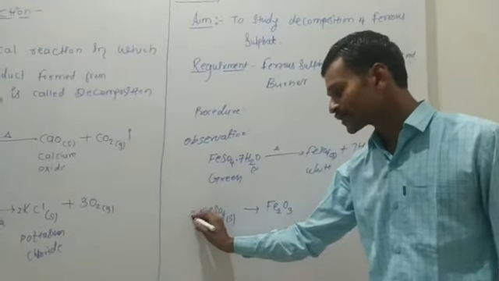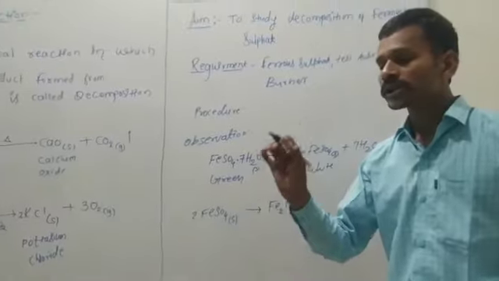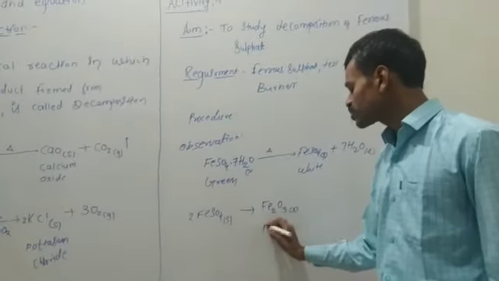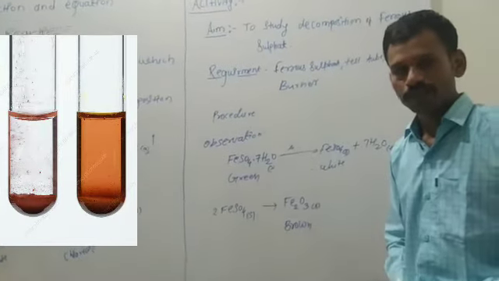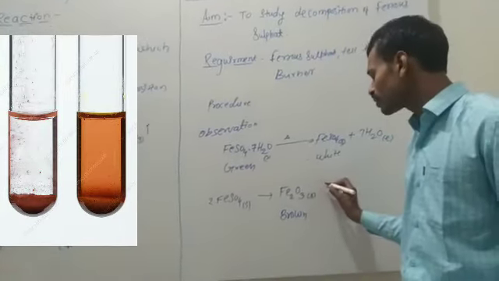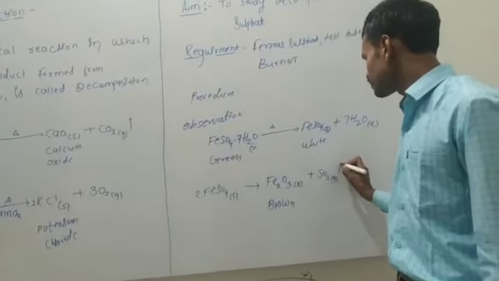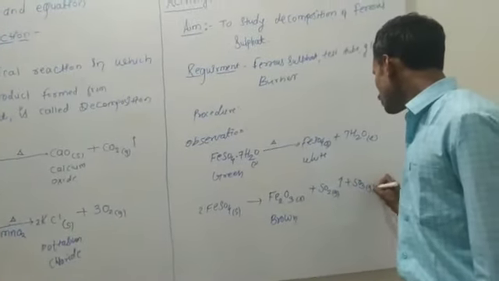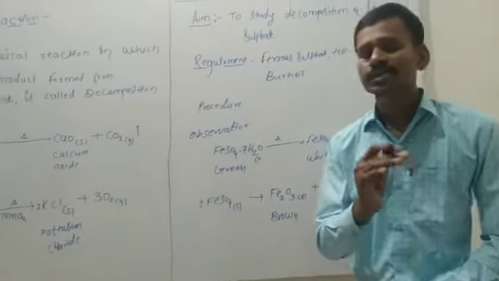To balance the reaction, we will take 2 Fe2O3, the ferric oxide. The color of this ferric oxide is brown. What is the color? Brown. Again, sulfur dioxide gas and sulfur trioxide gas are released from this chemical reaction.